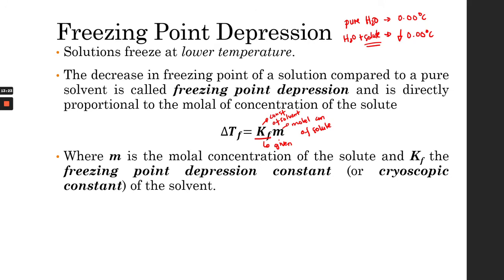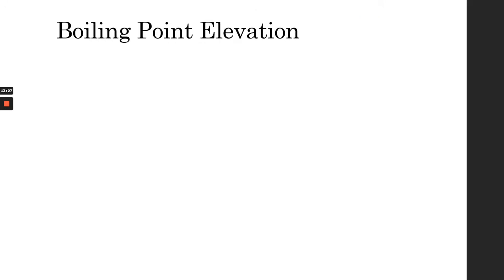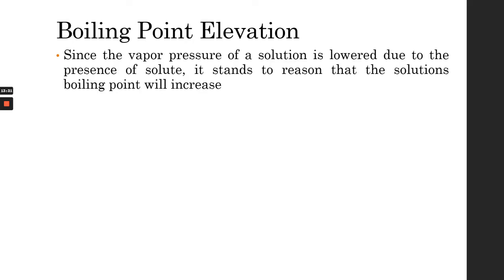So before we go into a sample problem for freezing point depression, let's talk about the boiling point elevation. Since the vapor pressure, diniscuss ko kanina yung vapor pressure, it lowers as we add solute to the solvent. So the vapor pressure of the solution, being the solute plus the solvent, becomes lower because of the solute.